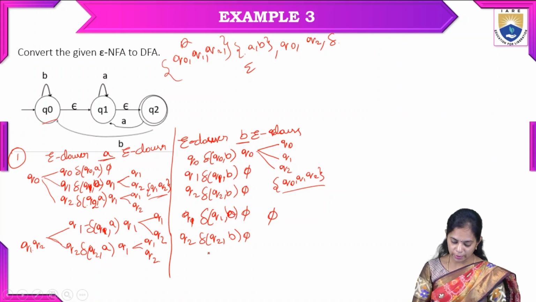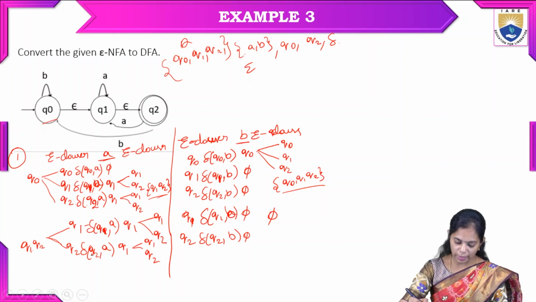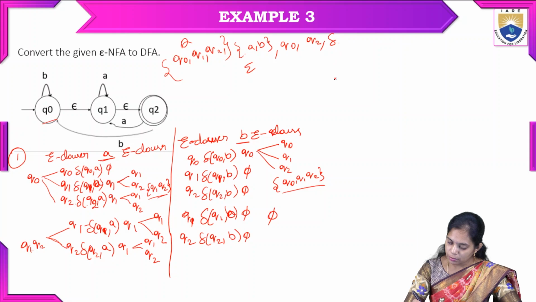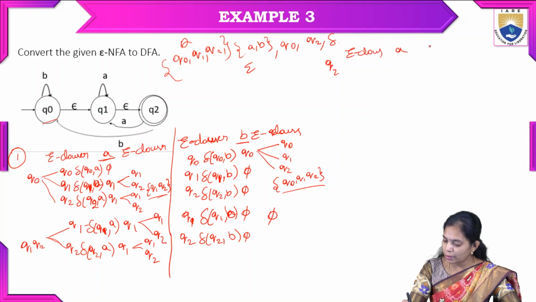And now we will also take the two values. One is Q2 value. So for Q2 we need to find the transition, epsilon closure and A input value epsilon closure. Q2 is only having the epsilon transition, and A input transition of Q2 comma A is Q1, so the result is Q1 Q2.